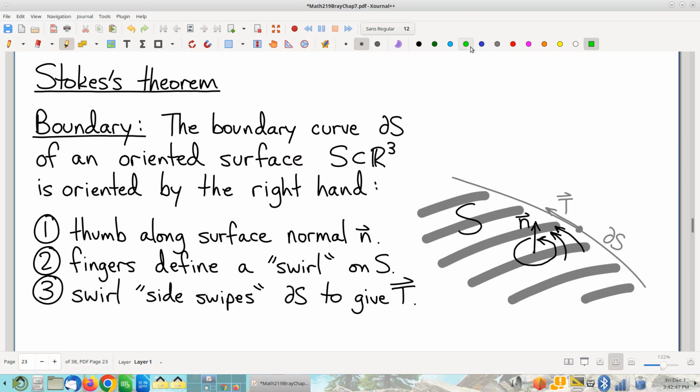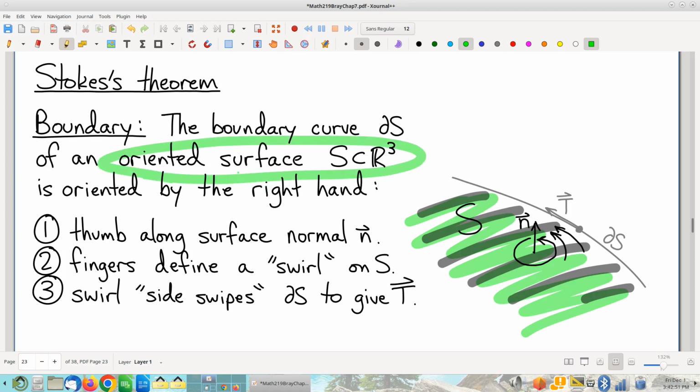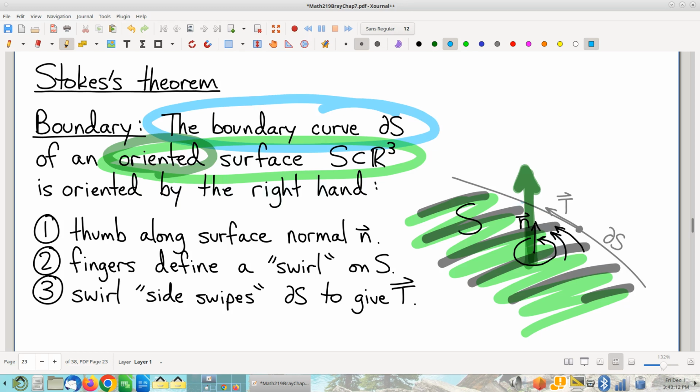If you have a surface, to be more clear, if you have an oriented surface, so a surface with an understood orientation, namely there is a well-defined which direction is positive direction through that surface. Again, an arbitrary choice. Let's talk about the boundary. The boundary is going to be, of course, this kind of curve like this.